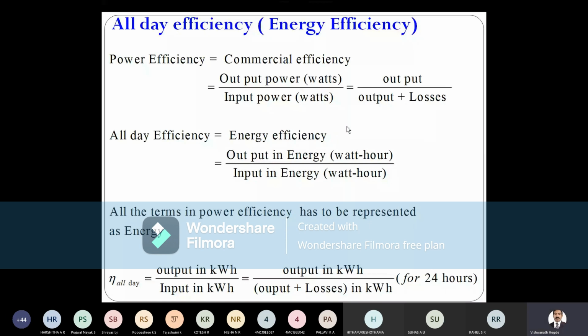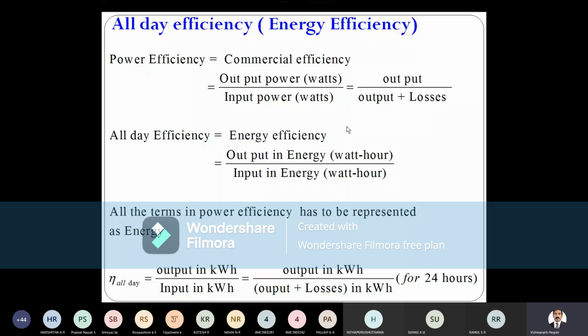energy efficiency, which is also called all-day efficiency. You see, it is called all-day. That means the efficiency of the transformer with respect to one day, 24 hours. In 24 hours, how the transformer is performing with respect to efficiency is to be seen.